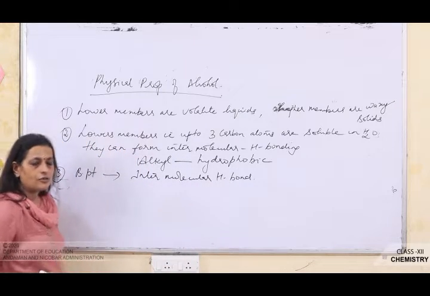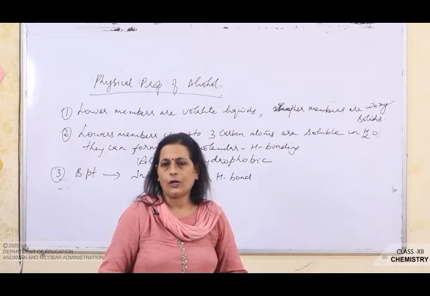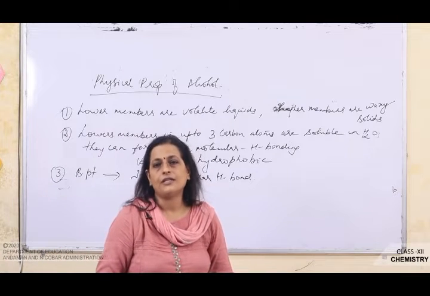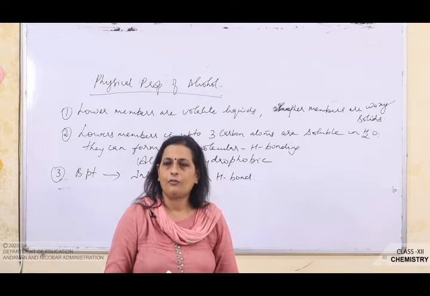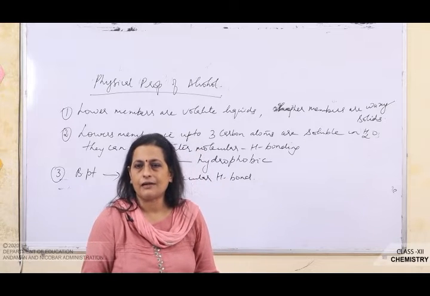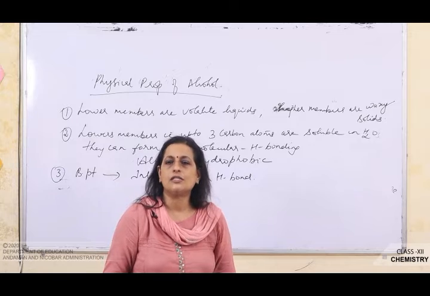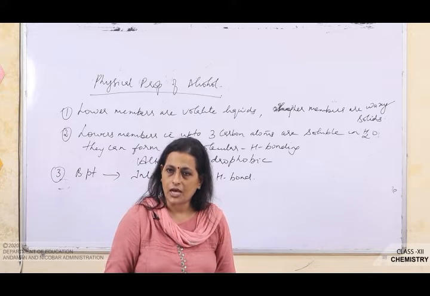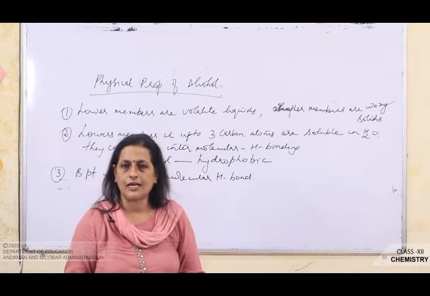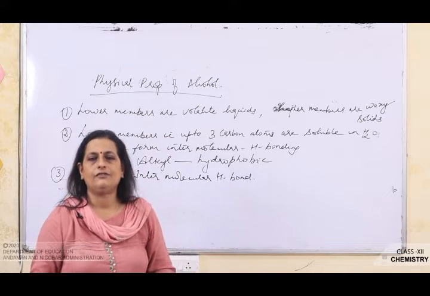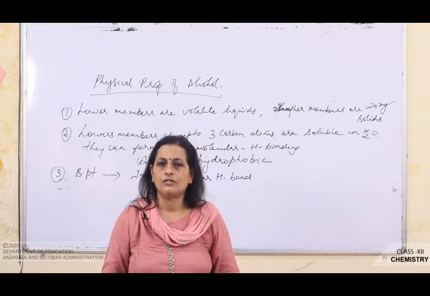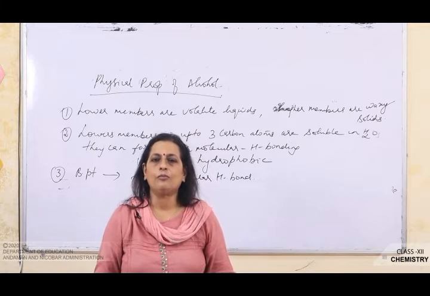Then among isomeric alcohols, what happens? Boiling point decreases with increase in branching. Why is boiling point decreasing with increasing branching? Because the molecules assume what shape? Spherical shape, and then what happens to the surface area? Surface area decreases. So, what happens to van der Waals force of attraction? It also decreases. So, the boiling point decreases.